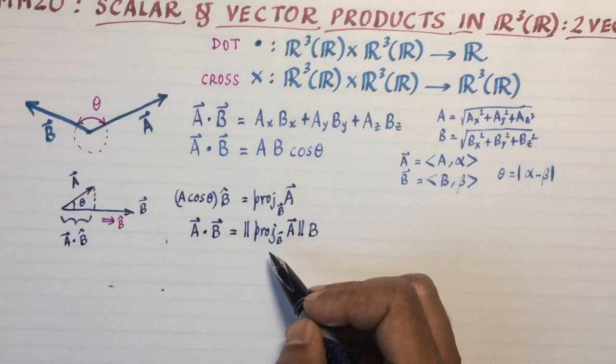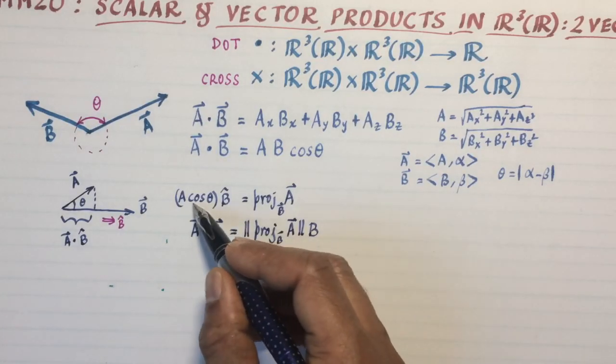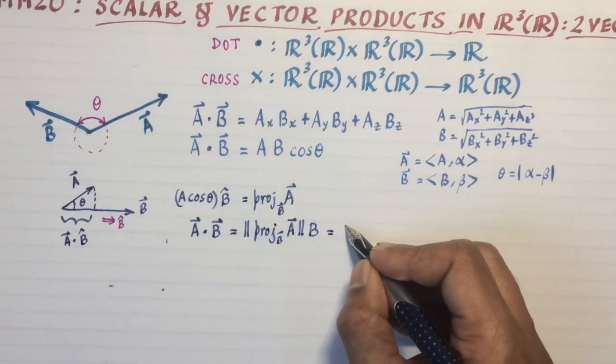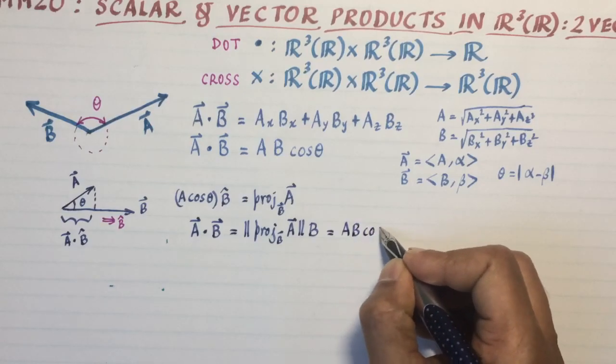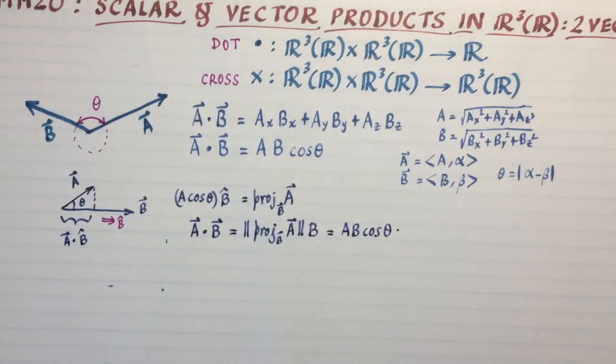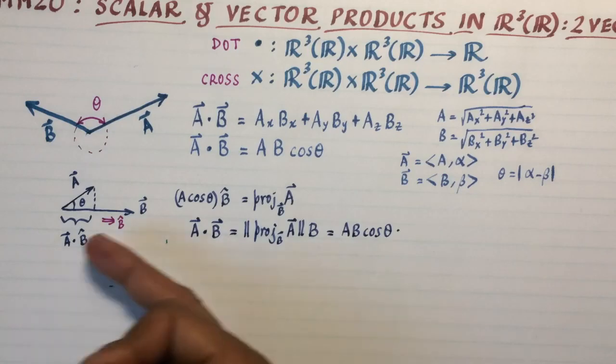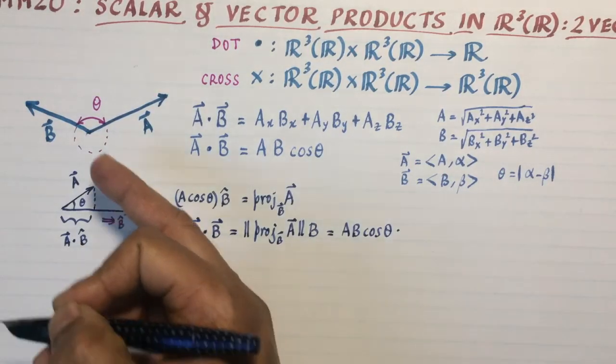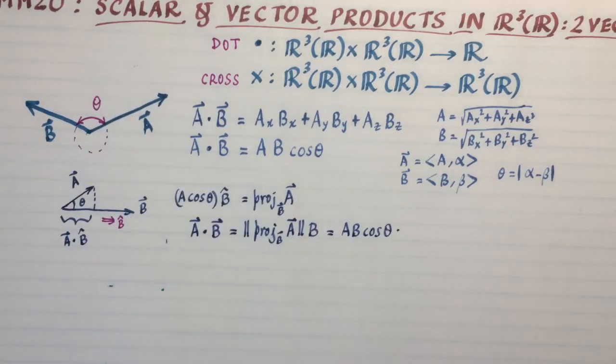If the magnitude of the projection is just A cosine theta, then that's going to be AB cosine theta. So that's the geometric interpretation. It's just a projection of the vector A along B, or you can also think of it as a projection of the vector B in the direction of A. I'll leave that as an exercise for you.